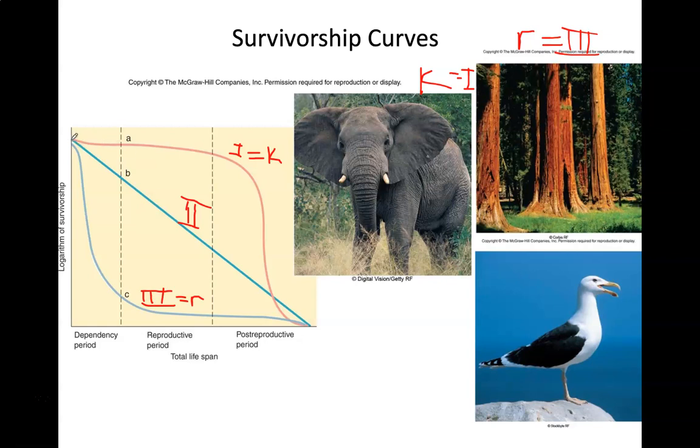Survivorship curves then actually give us a third option. This is the in-between of K and R. So survivorship curve number 2 is going to be any of those organisms that land in between. So we've got pretty much an equal chance of surviving if you're number 2 through all of the periods.